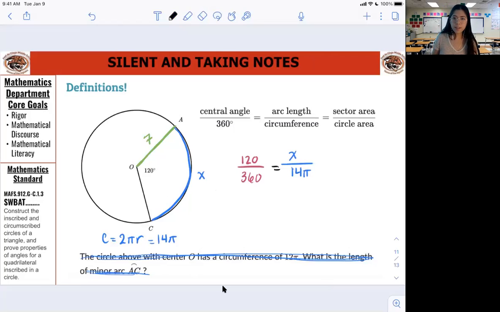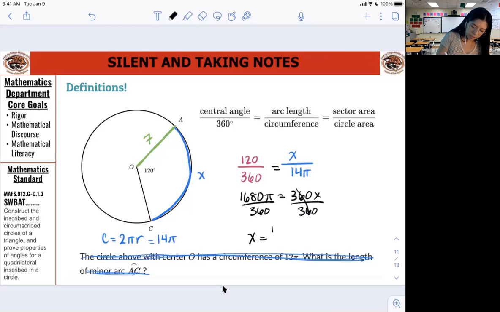So you got 1680. When you multiply 14 times 120. Good. 1680 equals 360x. Divide both sides by 360. And okay, you get 1680 over 360.